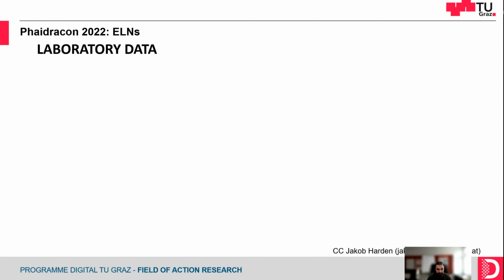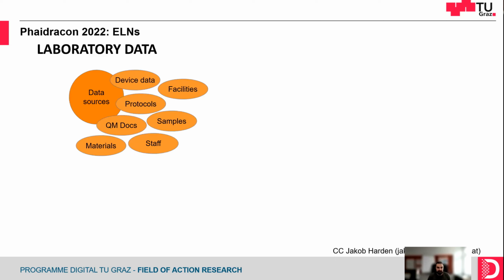So there are different kinds of data available, simulation data, but for the sake of this presentation, I will concentrate on laboratory data. And just for laboratory data, we have different kinds of data sources. We have data from devices where it was automatically generated.